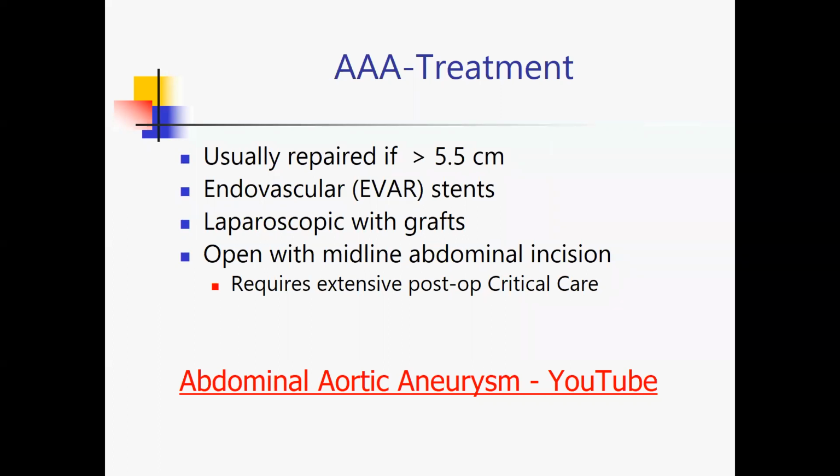So the other thing in your assessment when you're doing them on these folks is you want to make sure that they have bowel sounds and no bowel ischemia. So the new way to fix AAAs, abdominal aneurysms, is through a laparoscopic procedure. So EVARs can be stents in the abdomen and the thoracic.